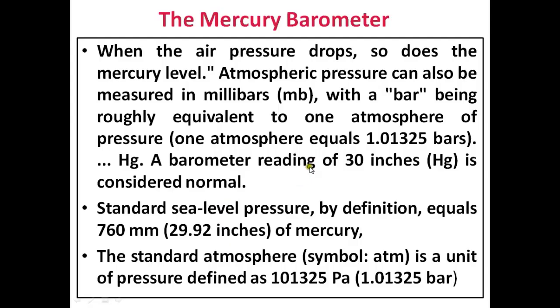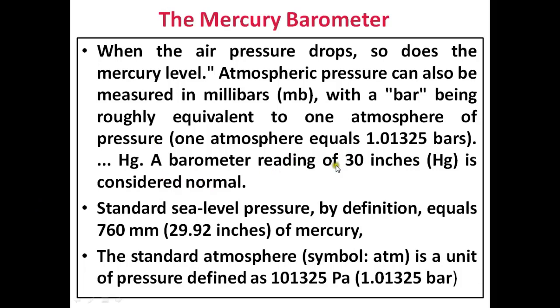So here when the air pressure drops, so does the mercury level, and the atmospheric pressure can also be measured in millibars, with a bar being roughly equivalent to 1 atmosphere of pressure, that is 760 mm of the mercury, we can say.